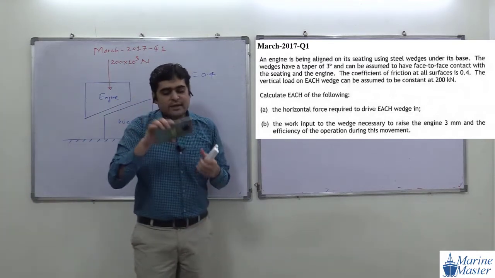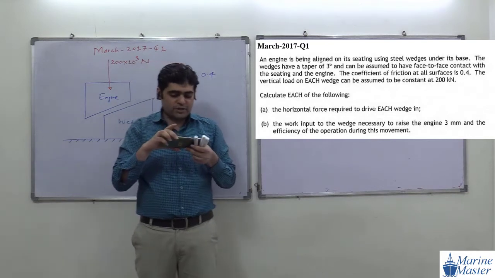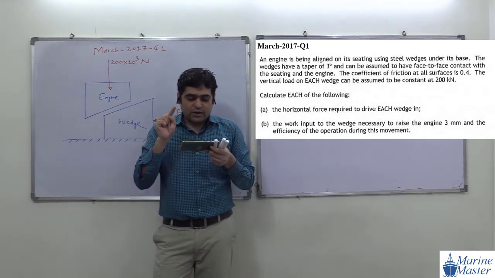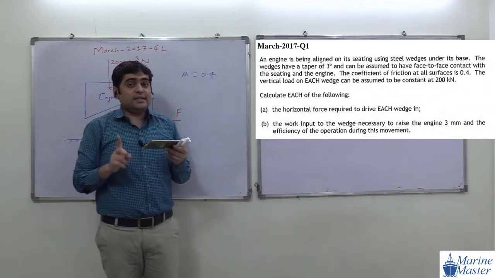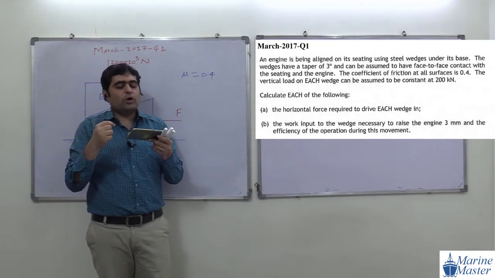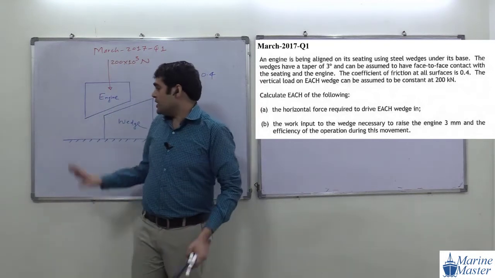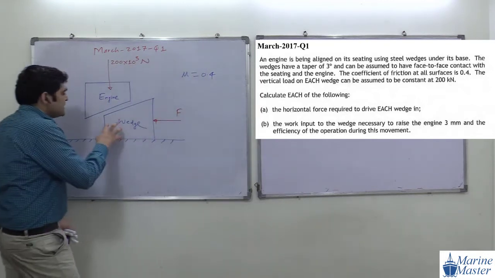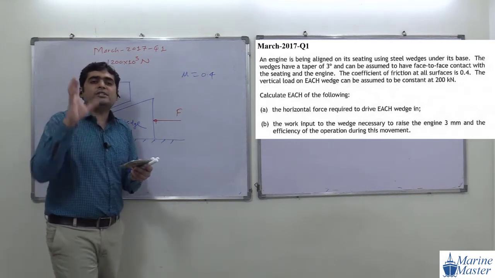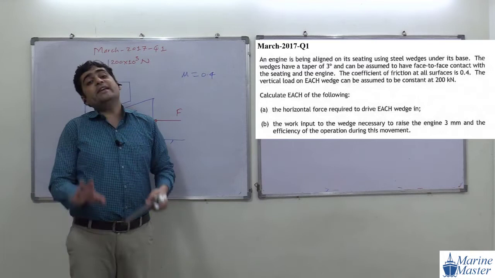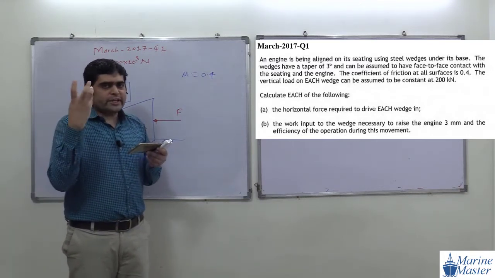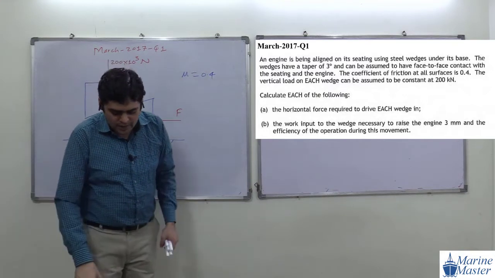There is one important statement, the last sentence: the vertical load on each wedge can be assumed to be constant 200 kilonewton. Here I have shown only one single wedge, but there are n number of wedges, and the load on each wedge is 200 kilonewton.